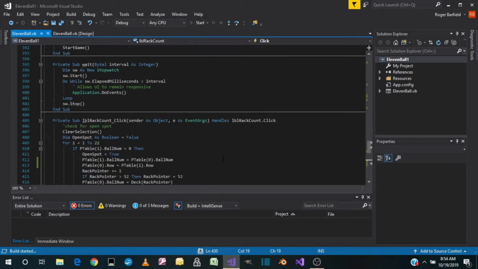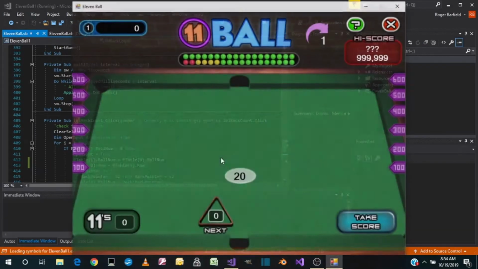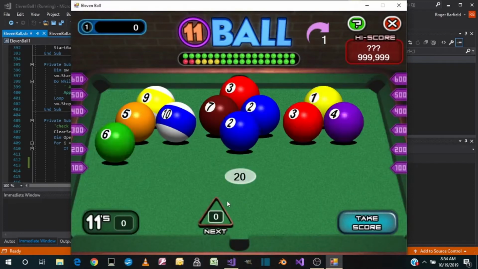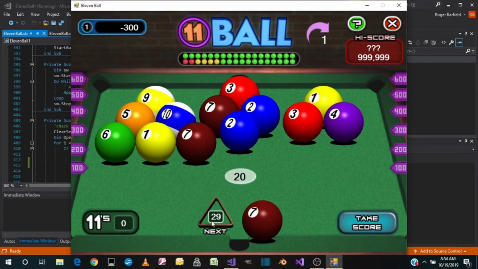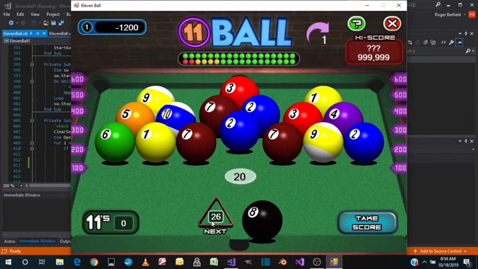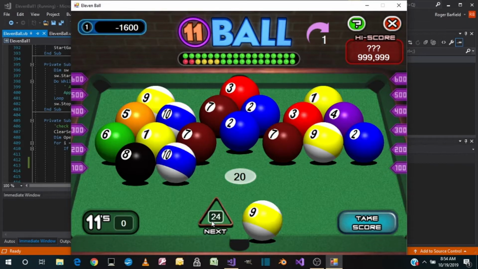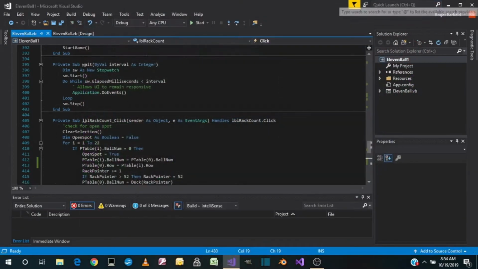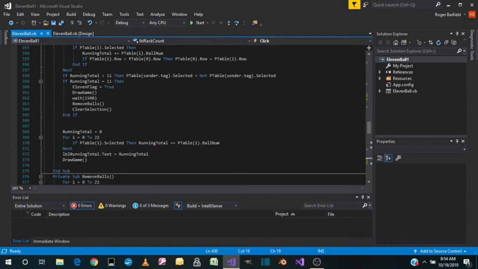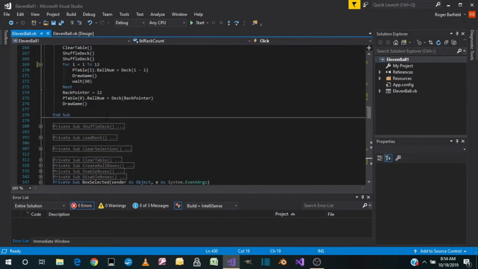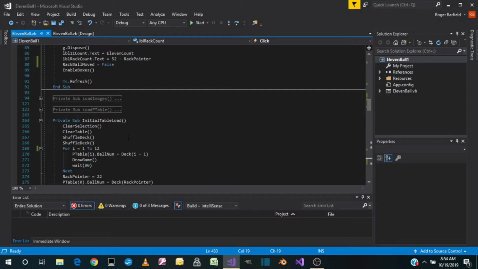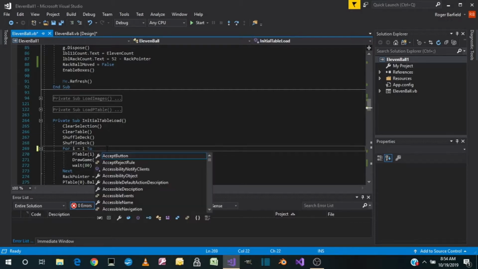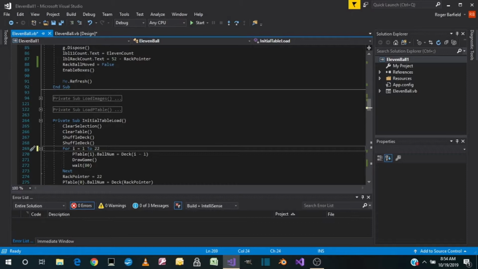Let's give that a shot. Okay, that looks pretty good. So let's just play the game one time. Let's set this back to 22 balls on the load. And close it up.